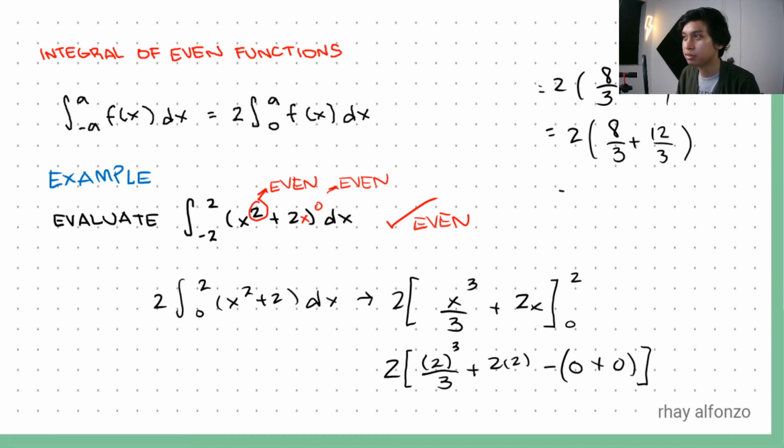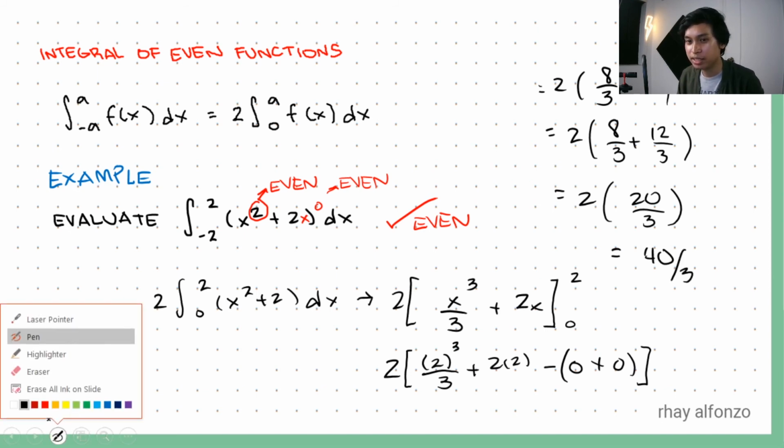This becomes 2 times 20 over 3. And finally, multiplying by 2, we get 40 over 3. So this is our final answer.